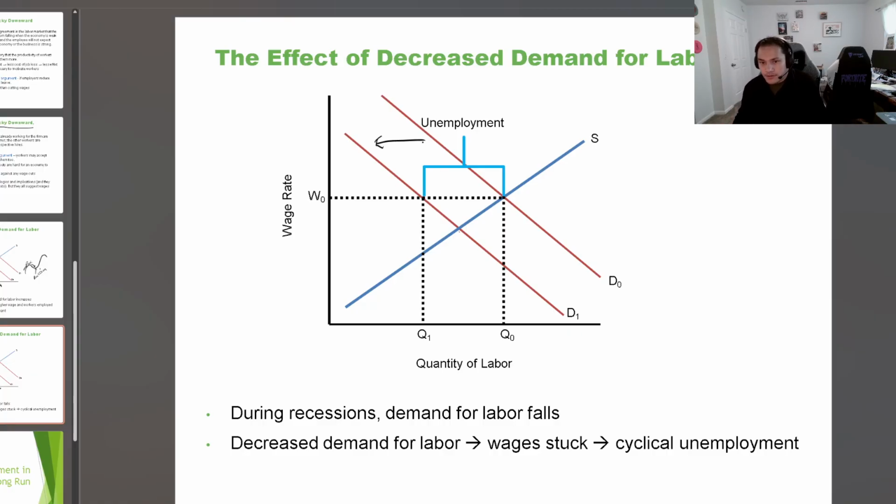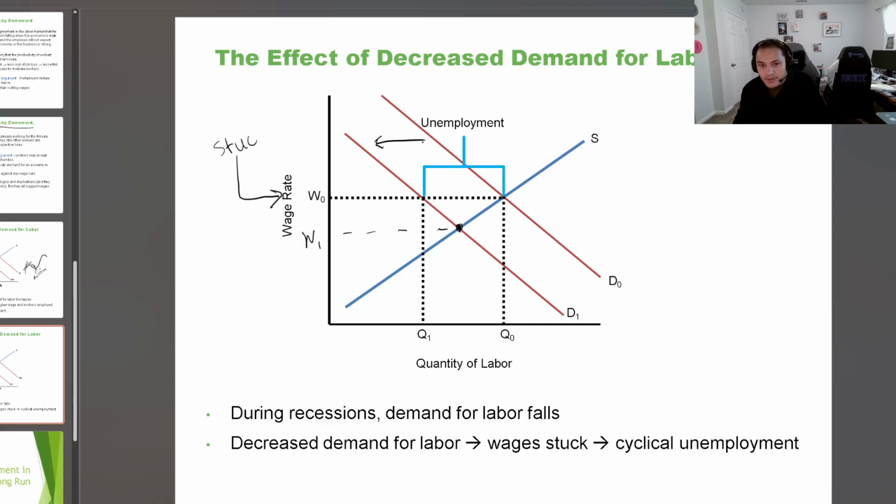As a result, with a decrease in demand for labor, our micro models highlight that we should just meet a new equilibrium, and we get a new wage down here at W1.